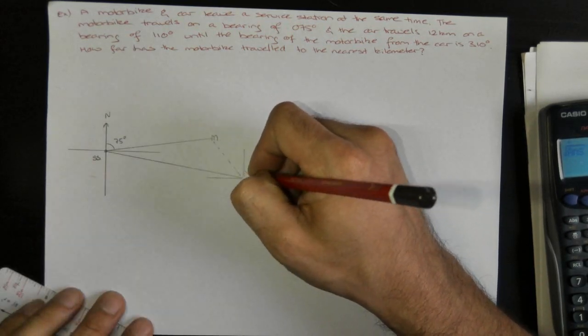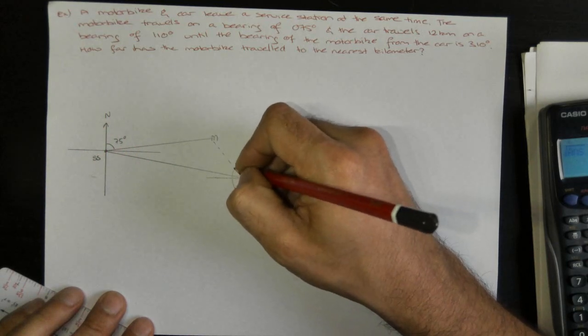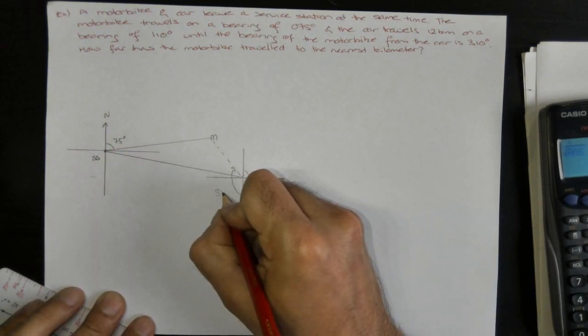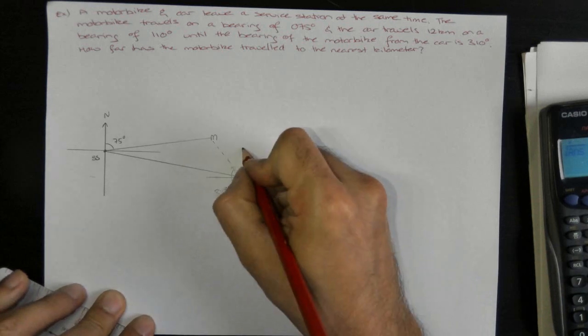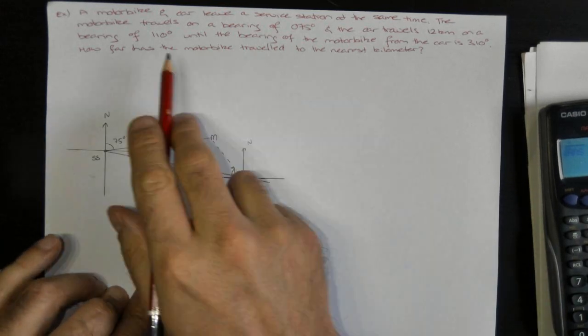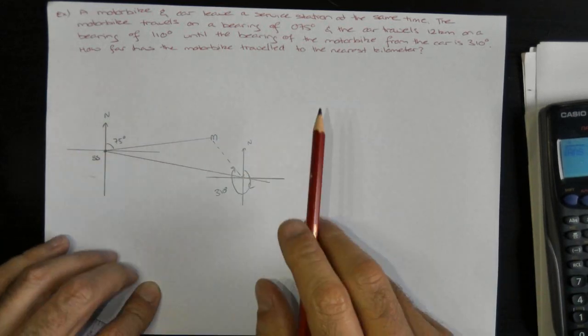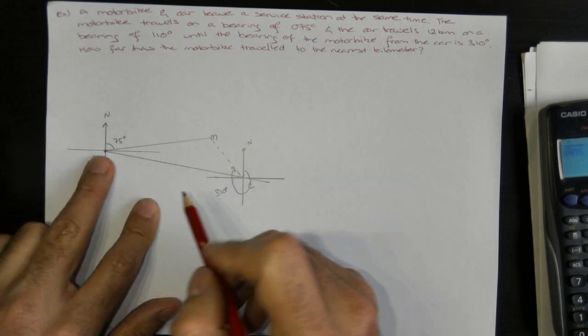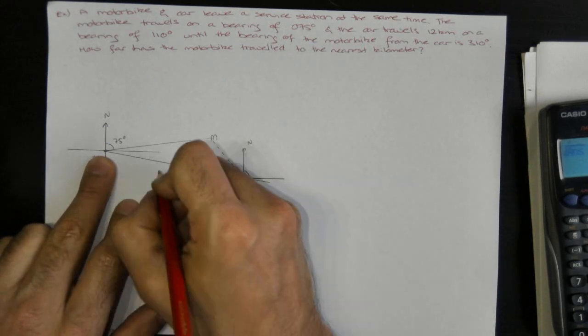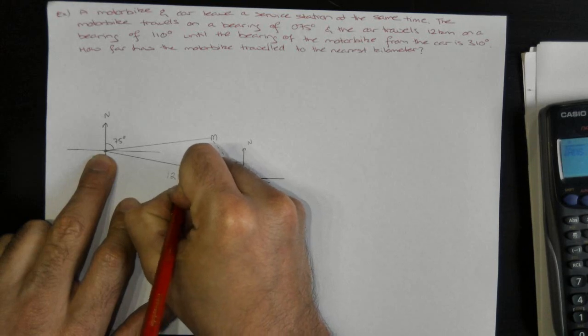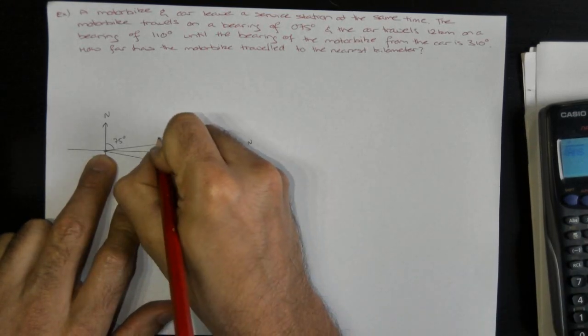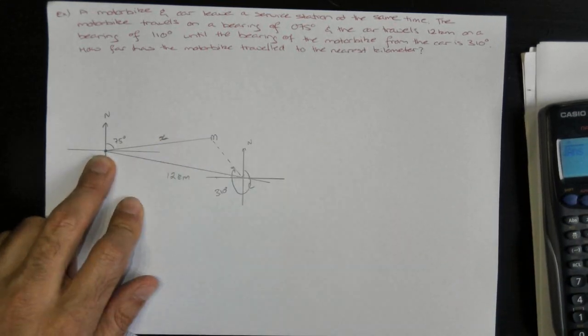So that all the way around is 310. So we want to find how far the motorbike has travelled to the nearest kilometre. So we know that this was 12 kilometres, and we really want to know what this measurement is here.